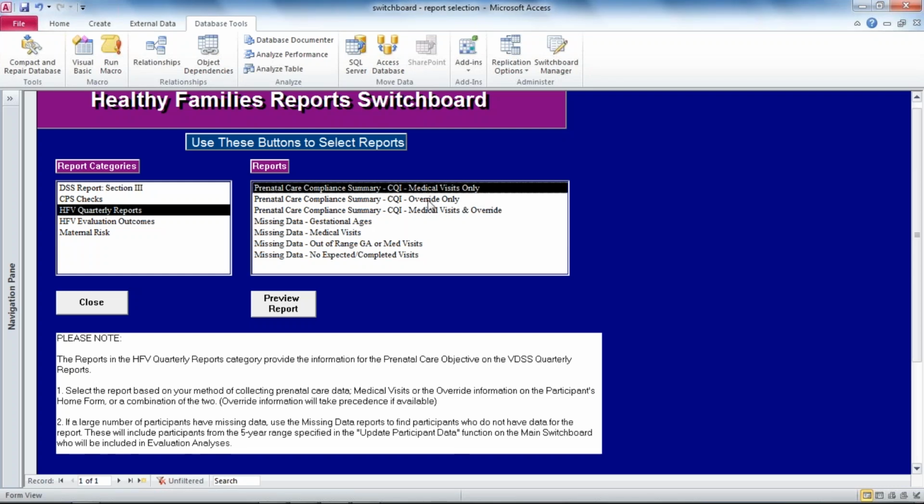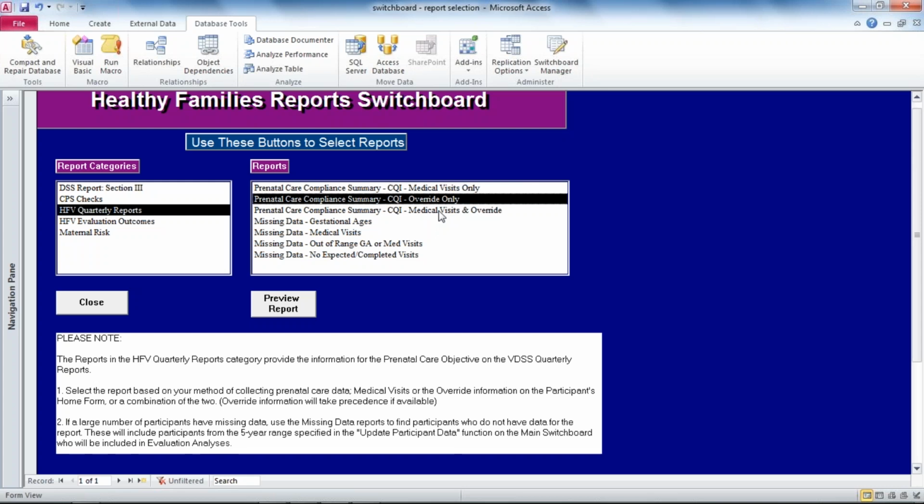Sites that are using the override only and are not collecting medical visits on an individual basis should use the override only. If you're not sure which one you're using, then I would recommend that you use the medical visits and override.